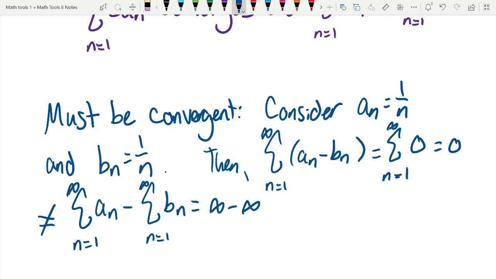So we have to be careful about this. Before we just go ahead and combine two series, we have to make sure that each individual series is convergent. Either we need to show it, or maybe it's a series we've already studied, or it's well known or whatever. Then we could go ahead and use it, but we have to be absolutely sure.